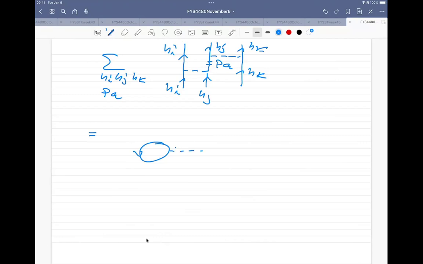And then we have the interaction. We have now the particle line, which comes up here, which we are simply going to label as an A and A. But then we have the hole state here, which is our state J. And then finally, we have a term like that, which is our state K here.